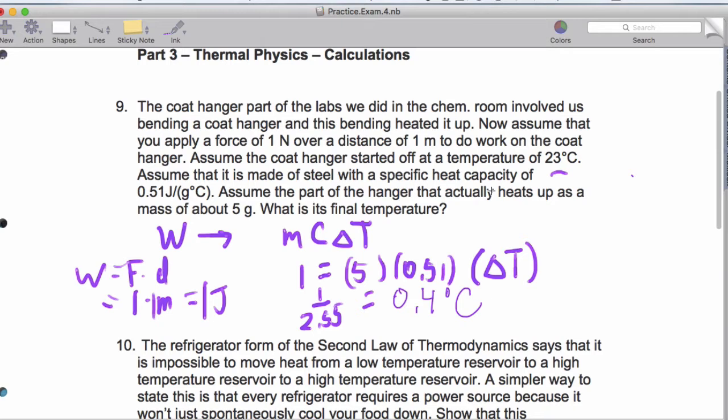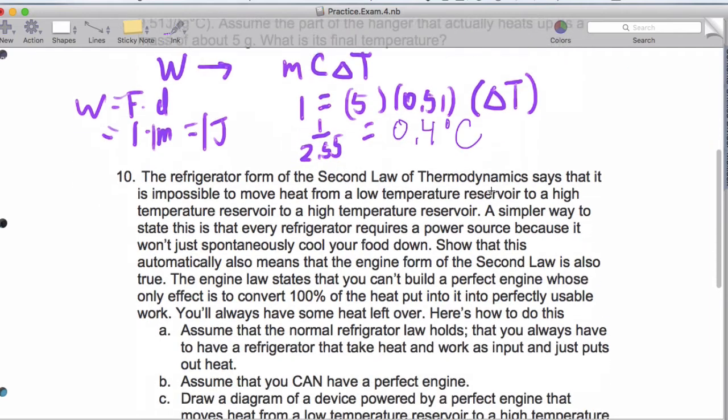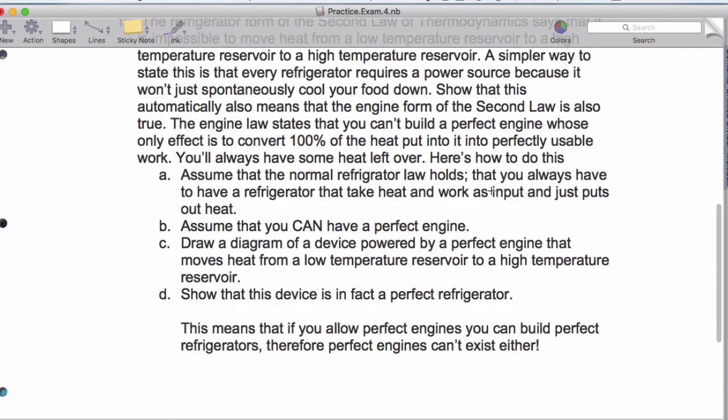But we were doing it like 80 times, so we're talking about closer to 40 degrees, so we're getting up there in the temperature. Remember, water boils at 100 degrees Celsius. So if you flex this coat hanger 40 or 50 times, you've already brought it to the boiling temperature of water, just to kind of put that out there.